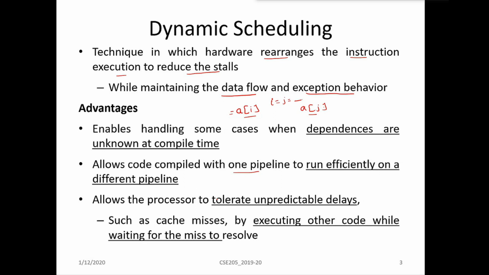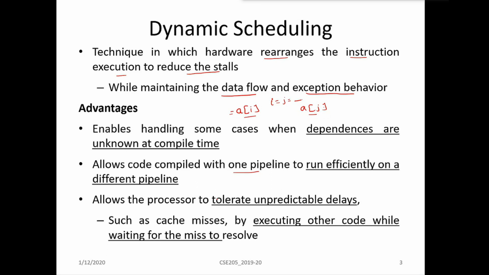Since the hardware itself schedules it, it can be done automatically. With the compiler, it is only for the architecture it knows. The compiler keeps in mind one pipeline and produces the code that way, but in hardware it may be parallelized, and that is taken care of on the hardware side. So that is the second advantage.